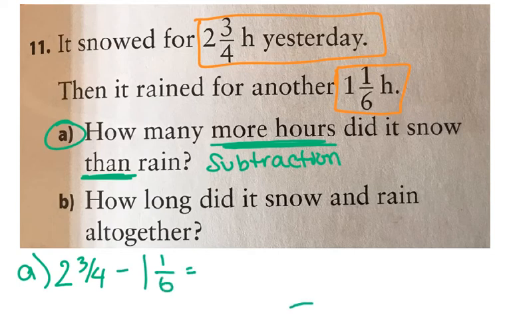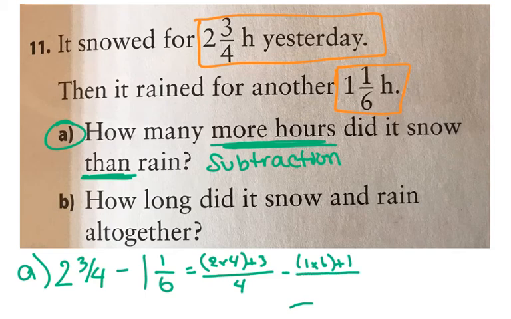So we got our 2 times 4, add that 3, put it all over 4, subtract 1 times 6, plus the 1/6. Then we have 8 plus 3, 11/4. Subtract 7/6. Okay, we need to find that common denominator.